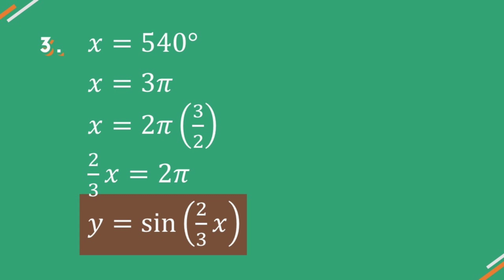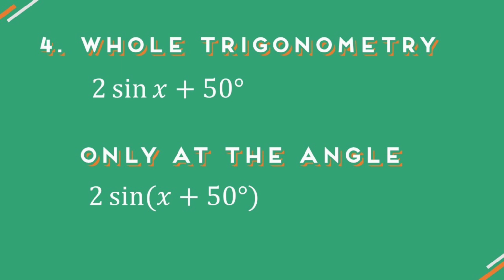The last one, addition or subtraction at the angle. In this part, the first thing I would like you to know is the difference between the addition and subtraction in a whole trigonometric function and the one only at the angle. The difference between them is the parenthesis. If we add or subtract something at the angle only, it will be placed inside a parenthesis.